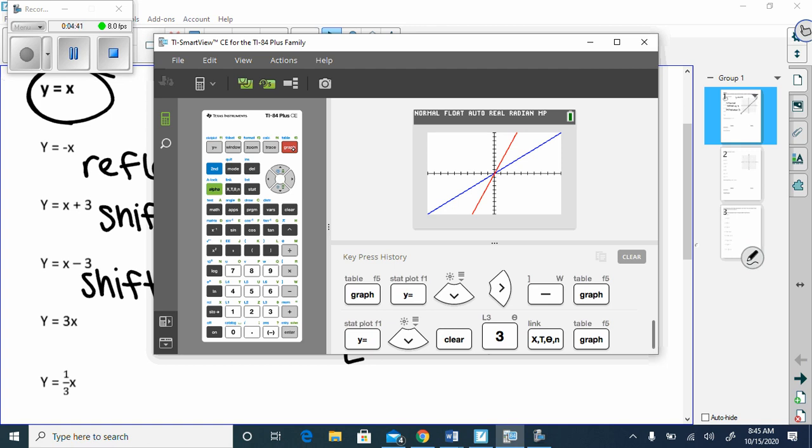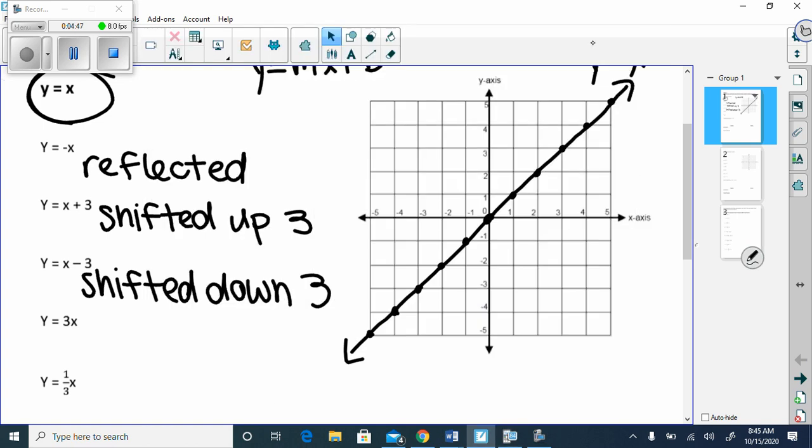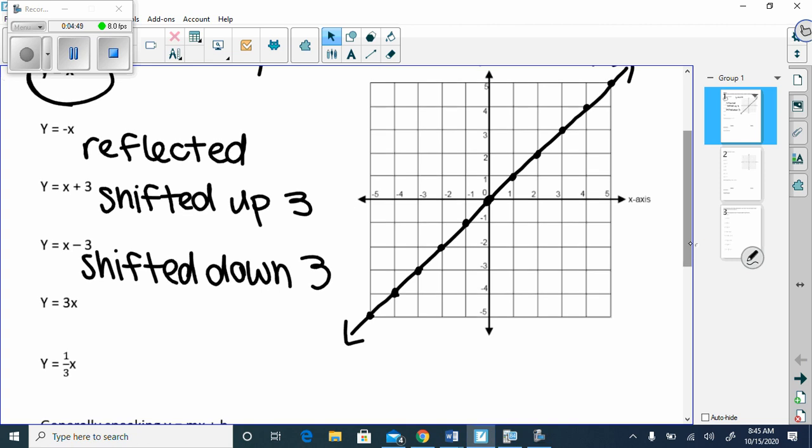Right, it's a lot steeper, right? It's increasing at a much faster rate. Good. So here we might call that steeper or less steep, or we could say that it was stretched upward, right? So we might say stretched by 3.